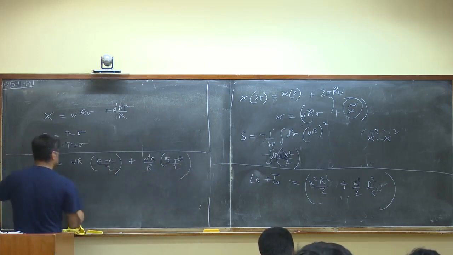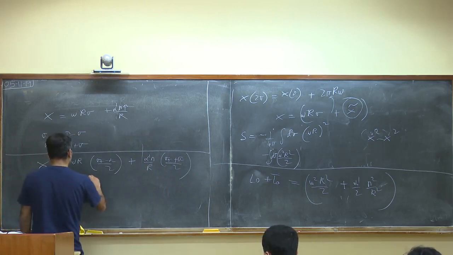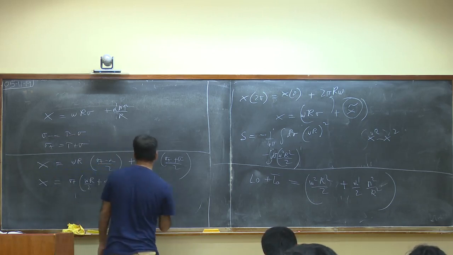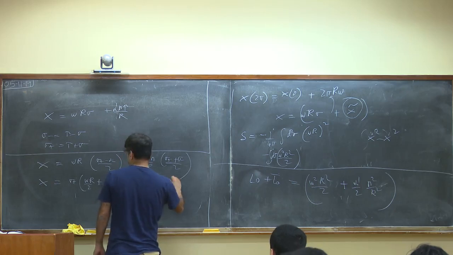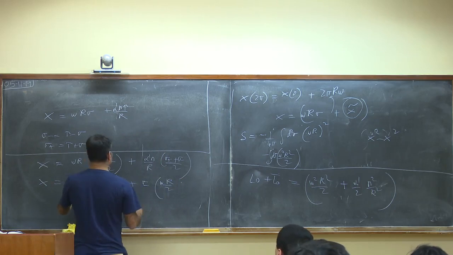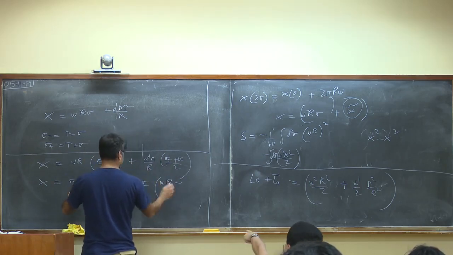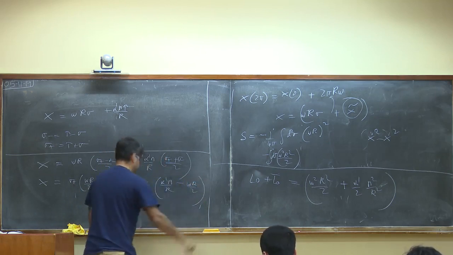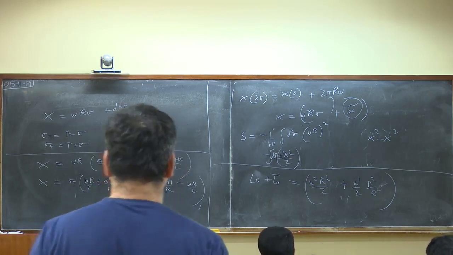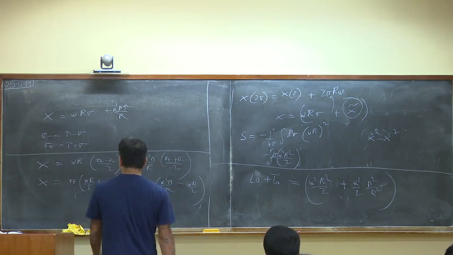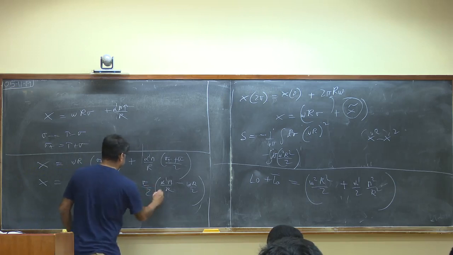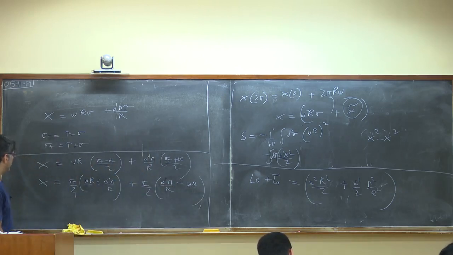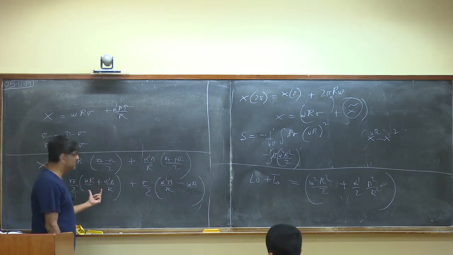And therefore we have x is equal to sigma plus into (w r by 2 plus alpha prime n by r) plus sigma minus into (alpha prime n by r minus w r), and there's the half. Yeah, then the w r over 2. Thank you.